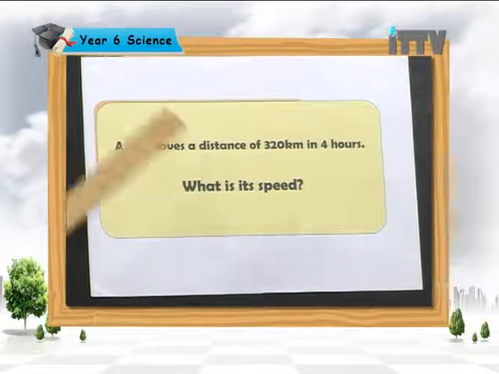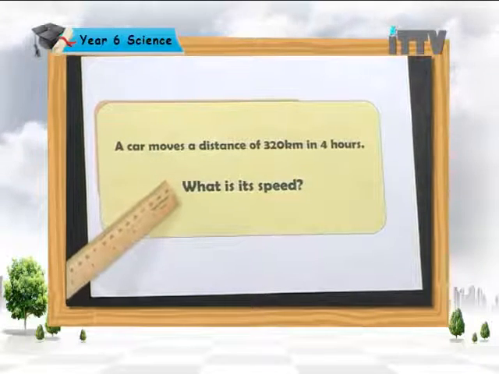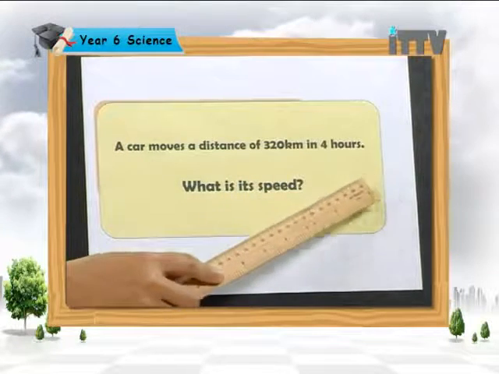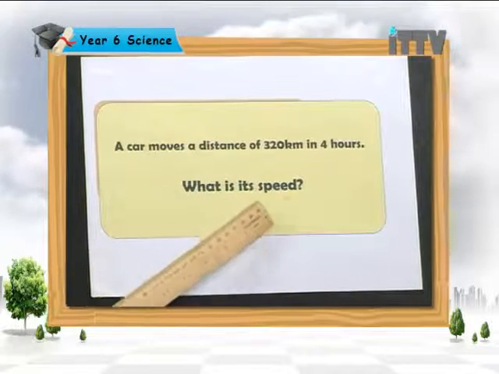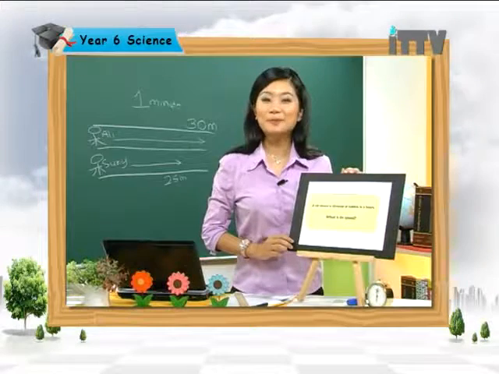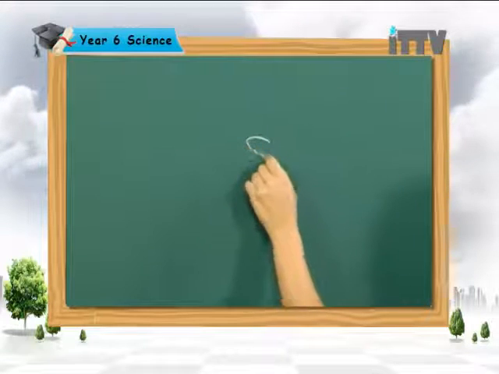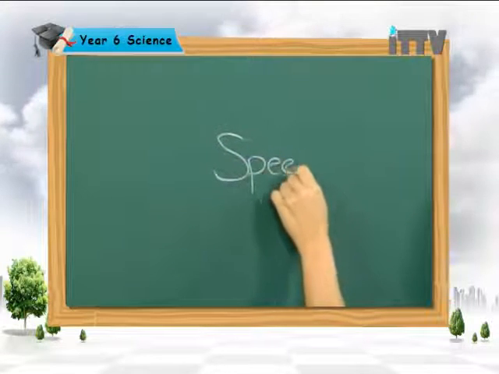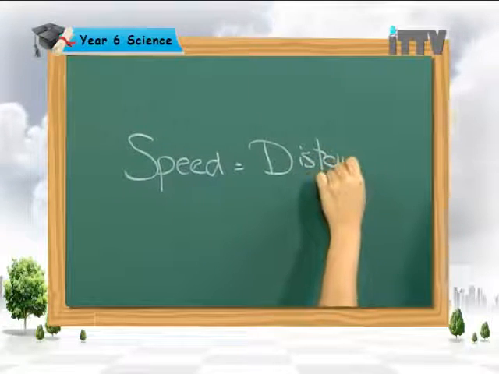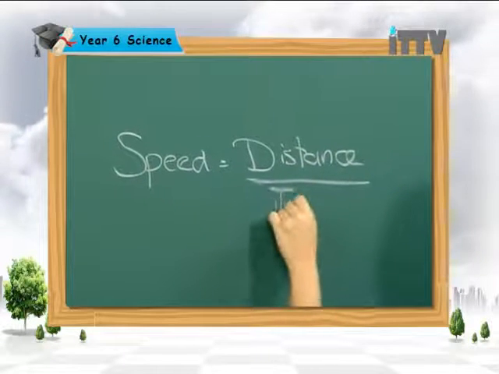It says, a car moves a distance of 320 kilometers in 4 hours. What is its speed? How do we calculate this? Let me show you on the board. We know that speed equals distance over time, right?